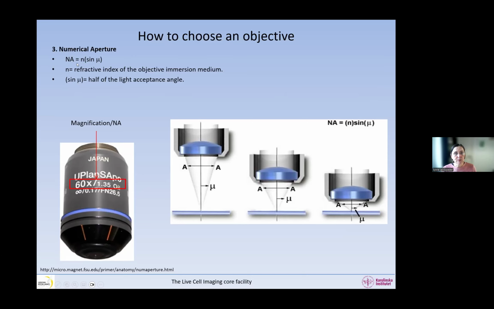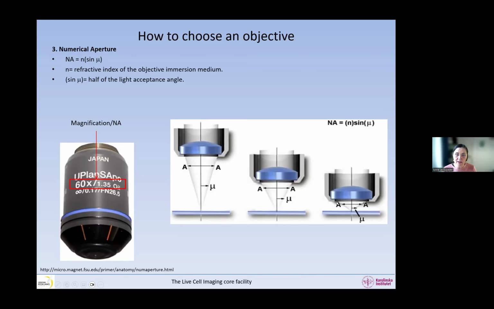What is the numerical aperture? It is the multiplication of the refractive index of the medium that we put on the objective, so this is the immersion medium, for example oil, water, or maybe it's an air objective, multiplied by the sine of this angle. This is the acceptance angle, the light acceptance angle.